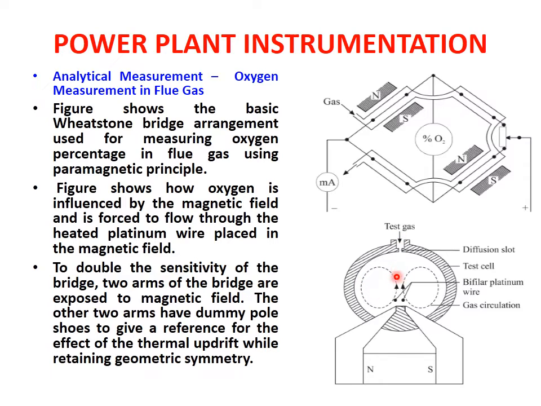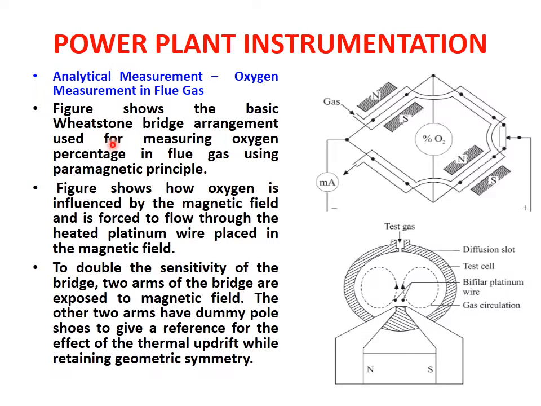The test gas which is coming inside will flow over these two points of the bifilar platinum wire. Some amount of oxygen which is at higher temperature will replace the oxygen present in this test cell, and therefore there will be some difference, and the Wheatstone bridge circuit will be unbalanced. So we can see the working here.